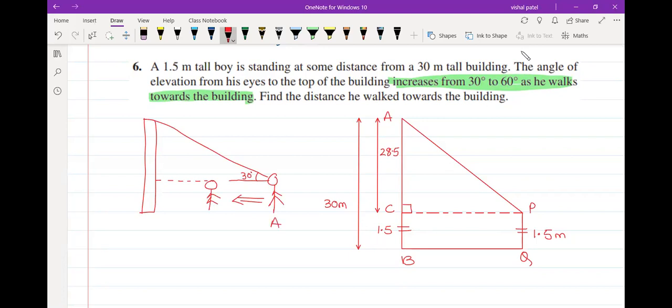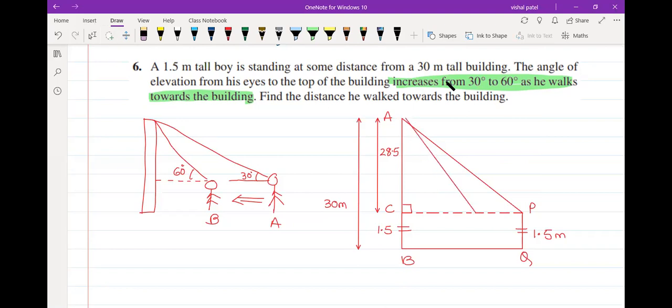Okay, this is position A, this is position B. When he reached here and is looking again at the top, that time the angle is 60. Now see what I'm doing, students. Just a minute. Let me draw properly so that you will come to know.